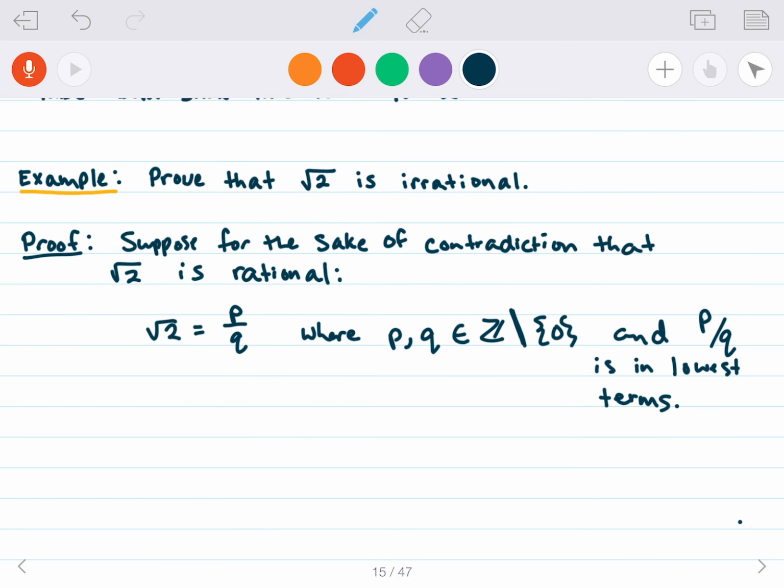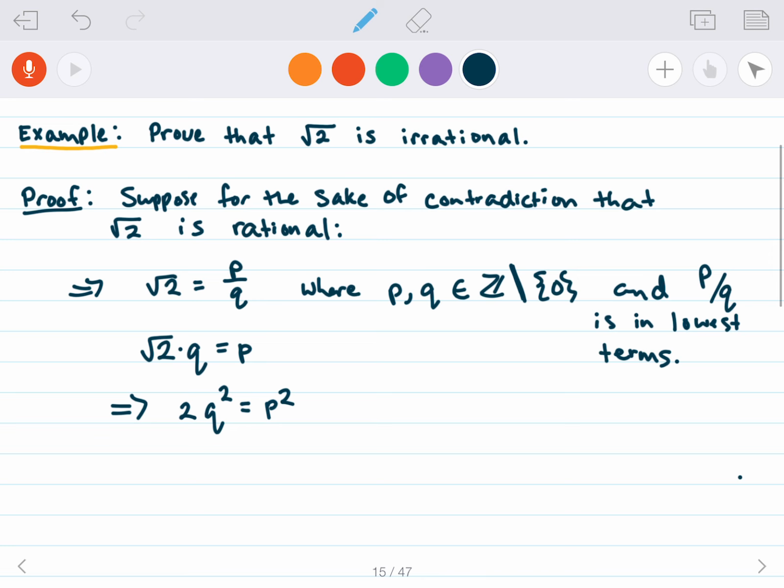All right, so now let's do some algebra, some manipulating equations. The first obvious thing to do is to take this equation and multiply both sides by q. So we get root 2 times q is equal to p. And this implies, if we square both sides, that 2q squared is equal to p squared.